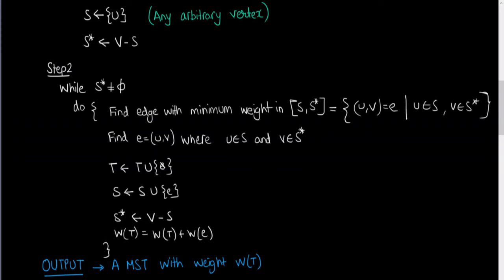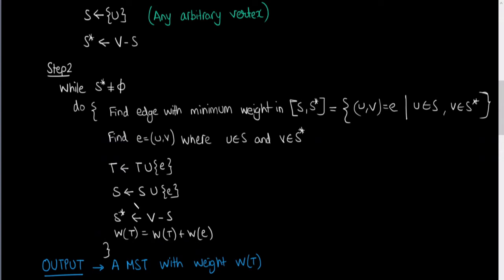After finding the edge with minimum weight, we append it to our edge set T of the minimum spanning tree, so T changes to T union the new edge, and S changes to S union the new vertex. S star, as usual, is the vertex set V minus the elements present in S, and the weight gets updated: W of T equals W of T plus the weight of the new edge.